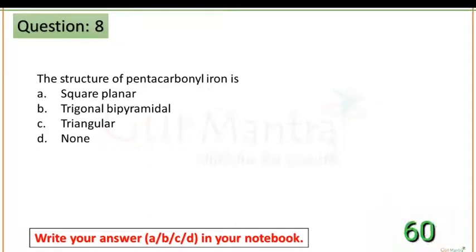The structure of pentacarbonyl iron is square planar, trigonal bipyramidal, triangular or none of these.